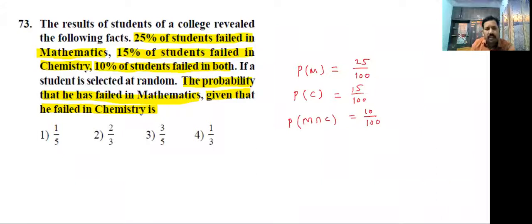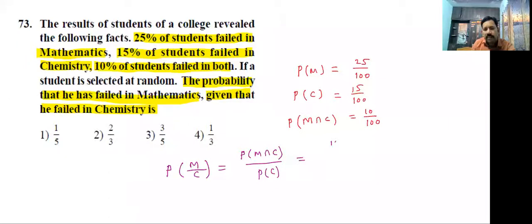But what we need to find is the probability of M by C. We already know that he failed in chemistry, then what is the probability of failing in mathematics? Use the conditional probability definition: P of M intersection C by P of C. This is the formula.